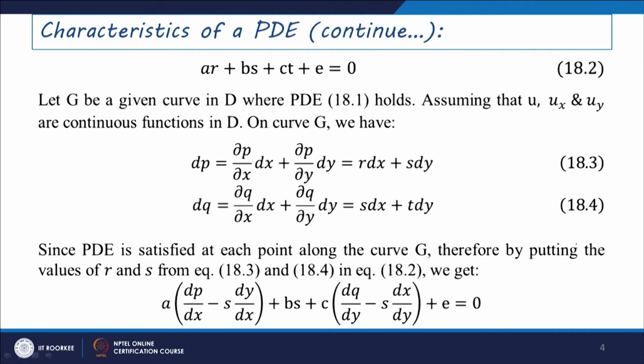So if we write it in complete form, it can be expressed as ar plus bs plus ct plus e equals 0.